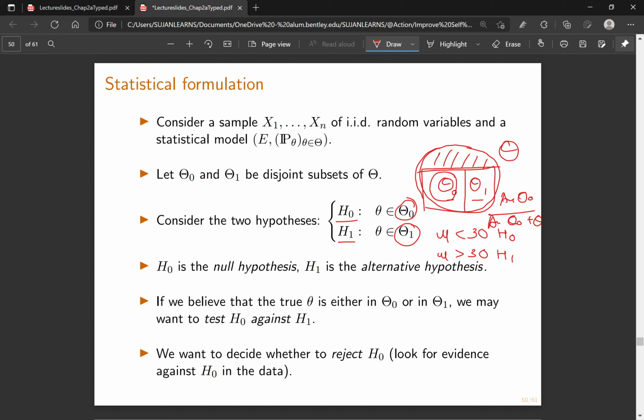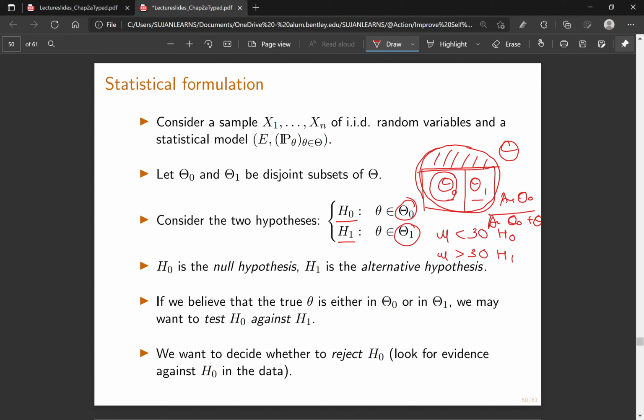Now, when a jury gives their decision that this person is not guilty and the person walks away free, that doesn't mean that this person is innocent. It just means that we cannot find enough evidence that this person is guilty. That's another beautiful analogy of hypothesis testing.